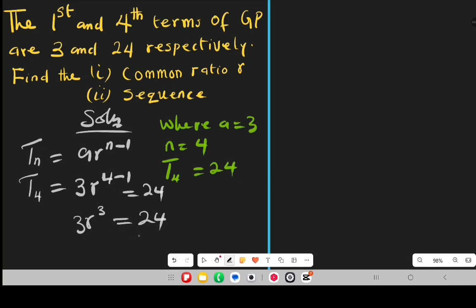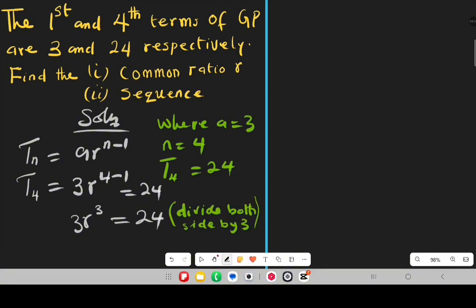Next step, we divide both sides by the coefficient of r cubed. That is 3r raised to the power of 3 all over 3 equal to 24 all over 3. We cancel 3, left with r raised to the power of 3 equal to 24 divided by 3, which gives us 8. Next step, we find the cube root of both sides.